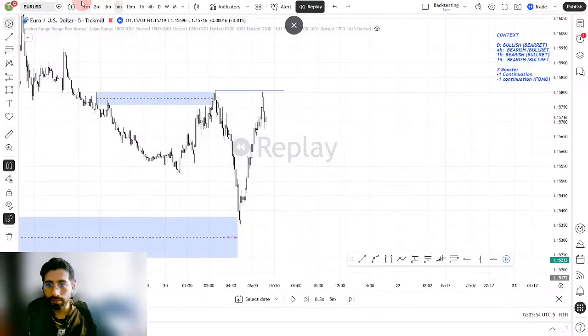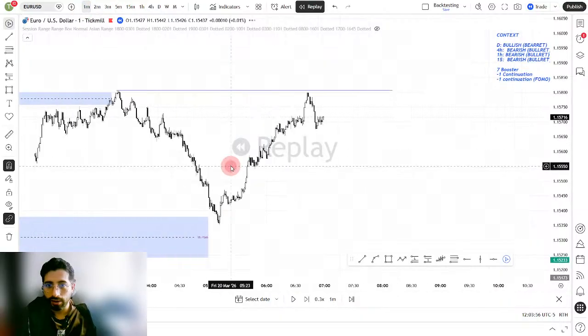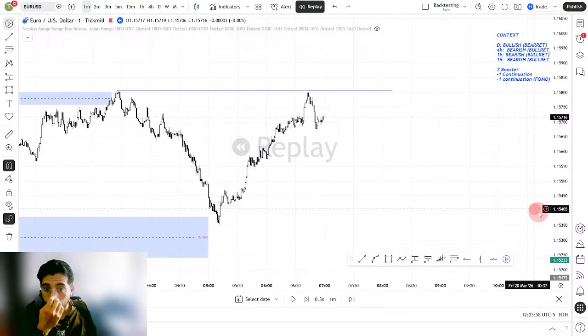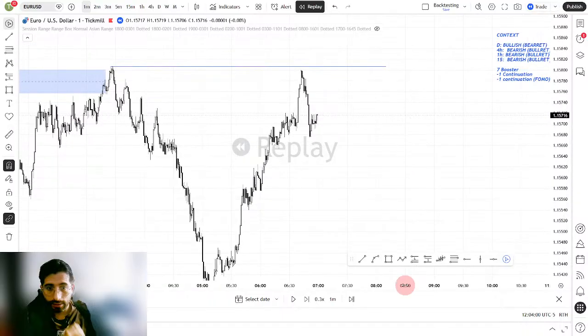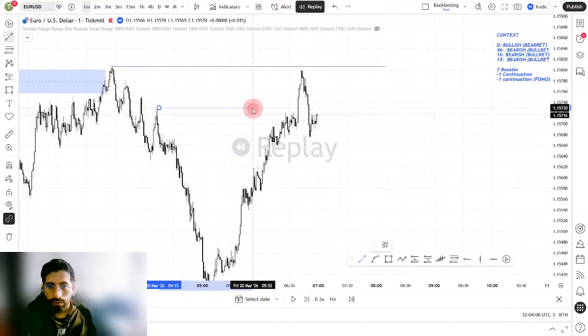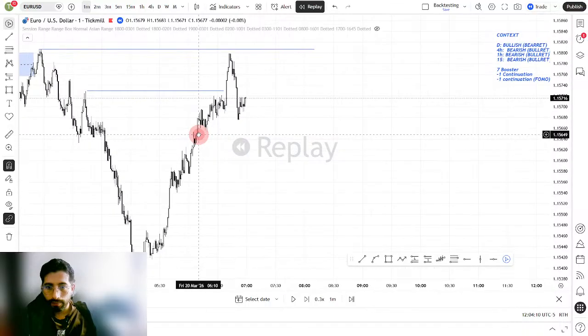In 1 minute, let me check if we got a confirmation. We did. Here it is. 1 minute confirmation here. Boom. Took this high. And now let me check where is the beginning of the range.